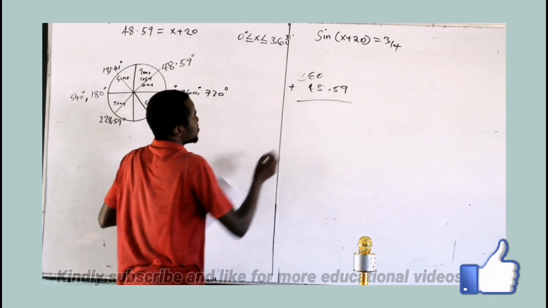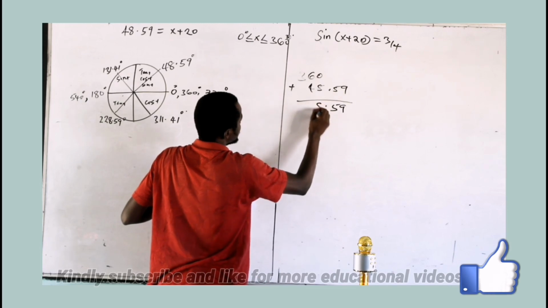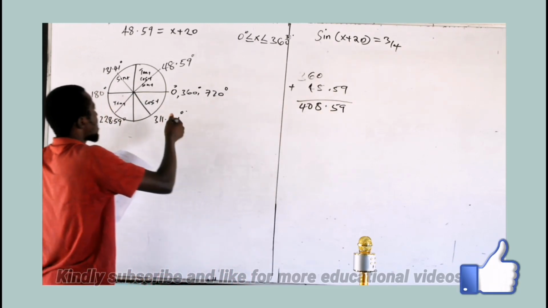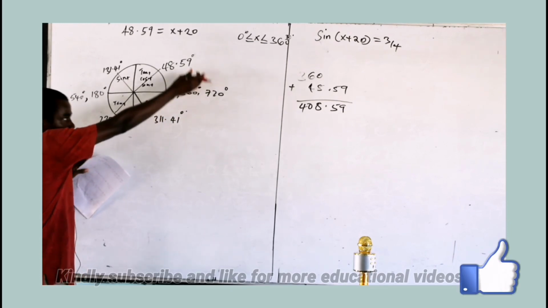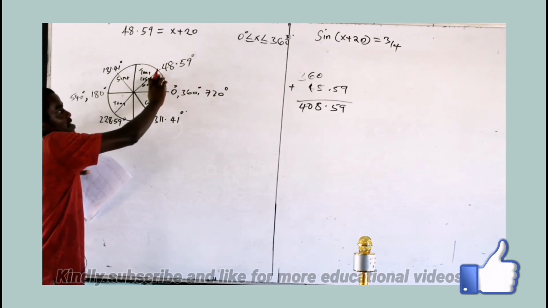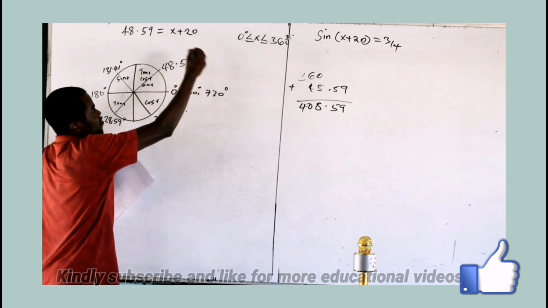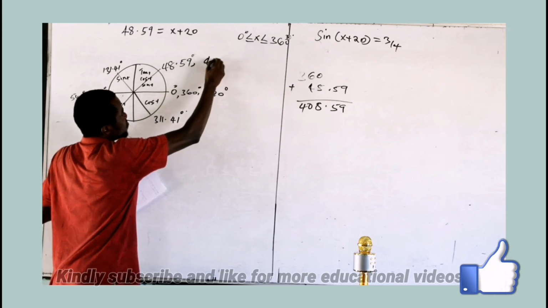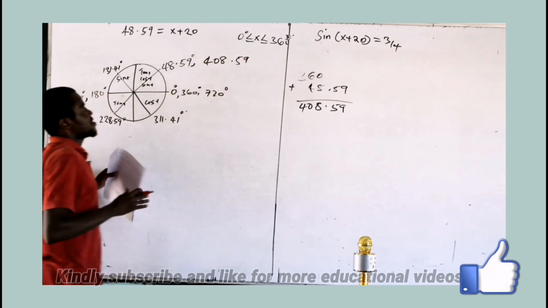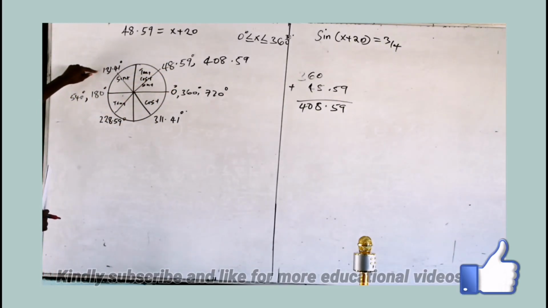So as I continue with my second rotation, I must first of all land in the first quadrant. Landing in the first quadrant in my second rotation, the angle will be 408.59.